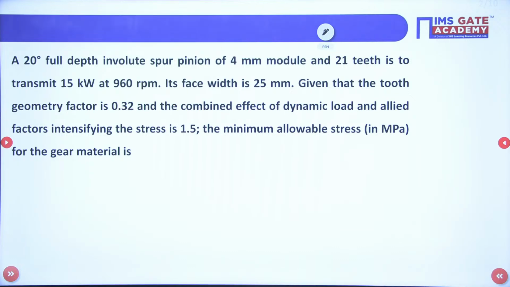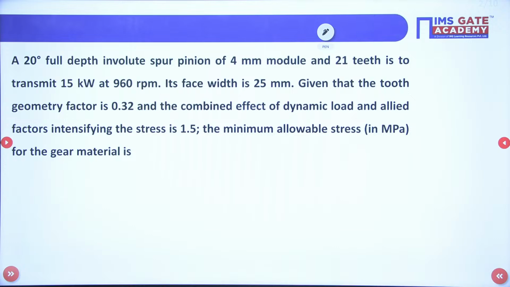A 20-degree full depth involute spur pinion of 4 mm module and 21 teeth is to transmit 15 kilowatt at 960 rpm. Its face width is 25 mm.